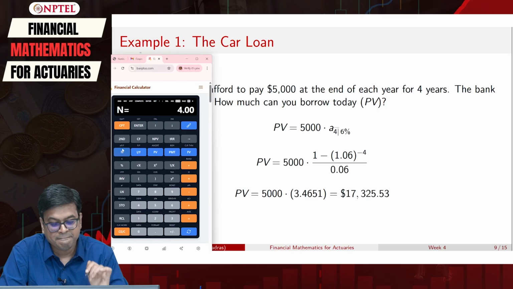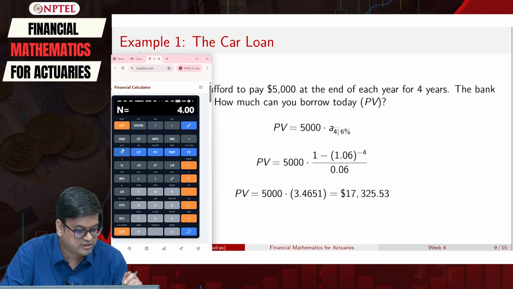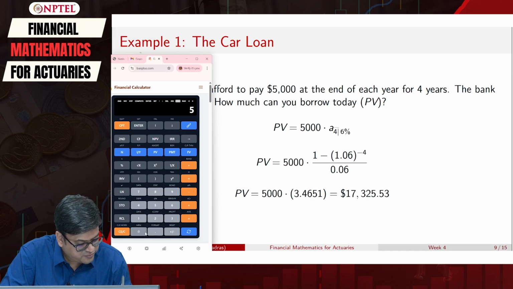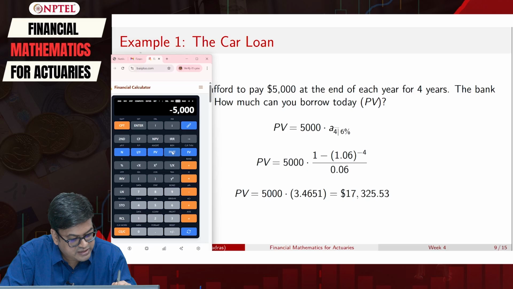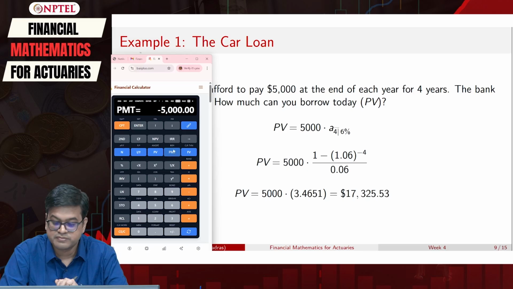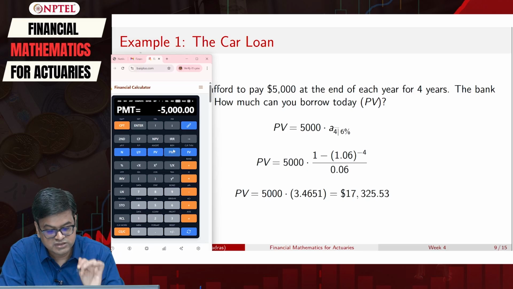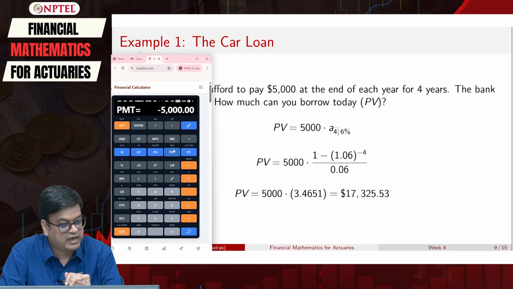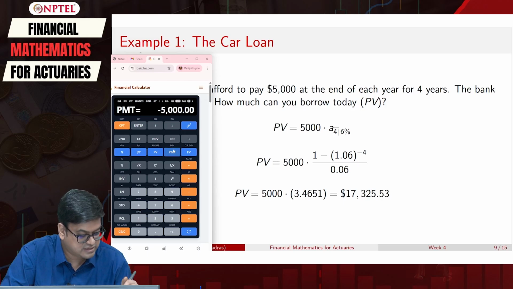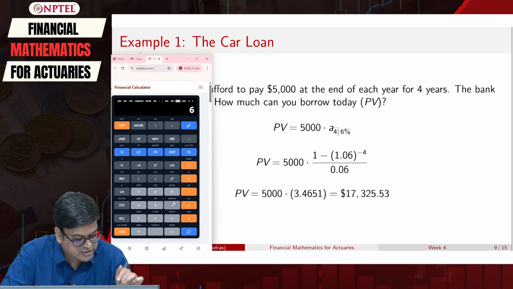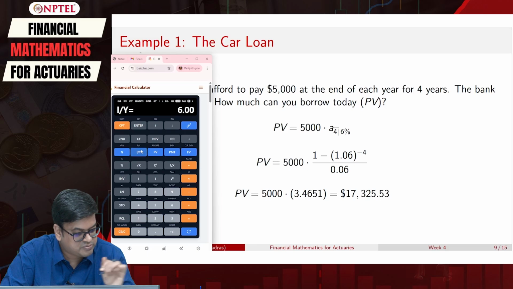I have entered that. What we are essentially willing to calculate is present value. Okay. So what will be the cash flow that will be going from my pocket? It's 5,000, right. So that is 5,000 rupees which will be moving away from my side, and that I will enter into PMT. So this is very clear. Then I have to enter the interest that the bank will charge me, that is 6%.